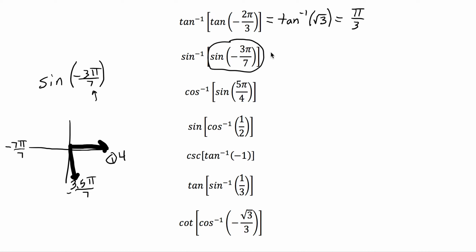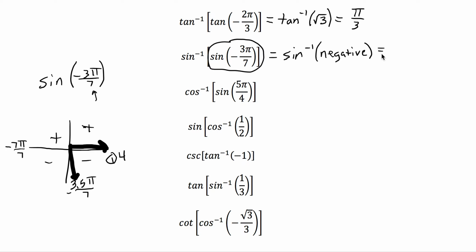I have no idea. Okay, so I'm just going to come back up here and I'm going to say sine inverse. I do know that at that angle, the sine is going to be something negative. Okay, so I'm just going to put something negative here. I don't really know what it is. Negative something.